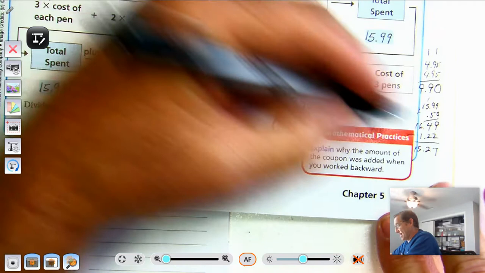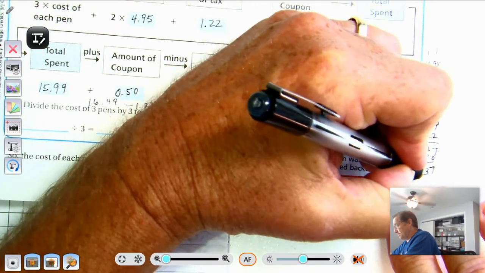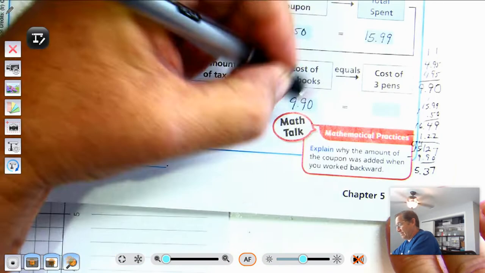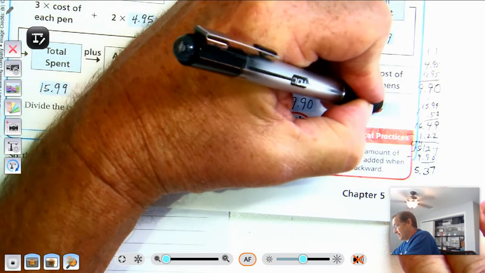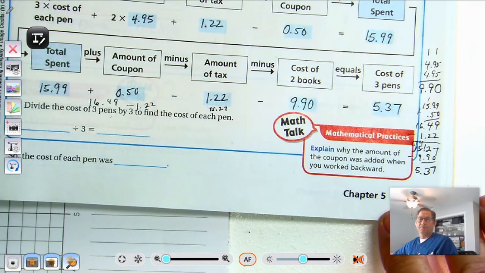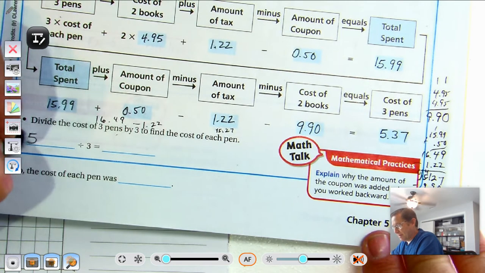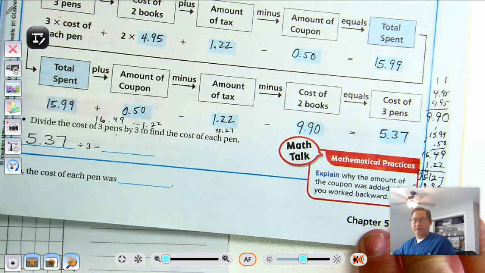And then we're going to subtract the $9.90 from the books. And we're left with $5.37 for the cost of 3 pens. Our question says how much did each pen cost? So we're going to take this 5.37 and we're going to divide by 3.